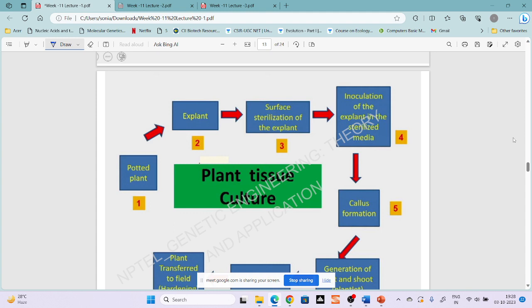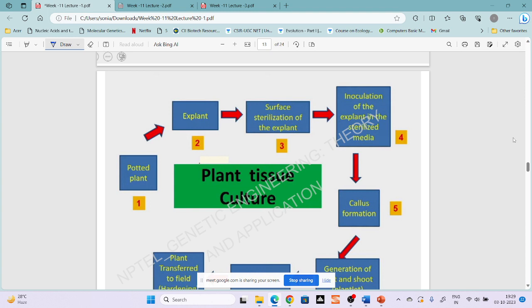Why do I have to sterilize it? Because the plant is in the open, or even if it's not in the open, you have to sterilize it so that you get rid of all the microorganisms on the plant that may hamper the growth. That gives a better sterilized environment, because microorganisms can cause contamination.